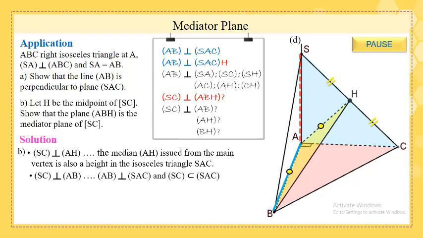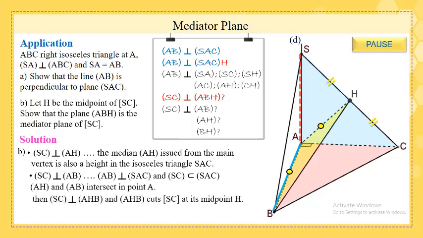We also know that SC is perpendicular to AB, since AB is perpendicular to plane SAC and SC is a subset of this plane. AH and AB intersect in point A. Then SC is perpendicular to plane AHB, and AHB cuts the segment SC at its midpoint H. Thus, we can say that the plane AHB is the mediator plane of segment SC, since it is perpendicular to this segment at its midpoint H.